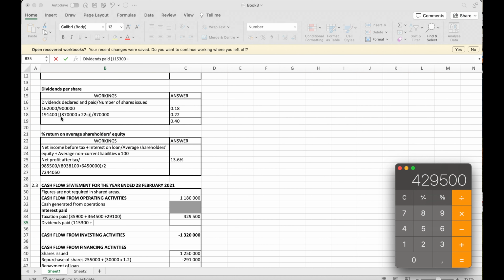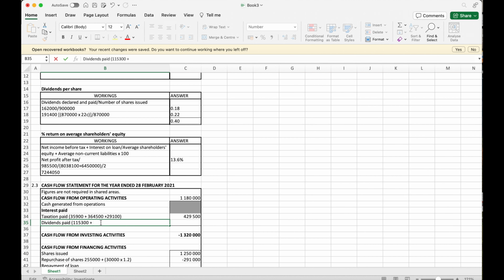For the year, the interim dividend was 162,000. And final, plus 191,400. Some of the amounts are just given. 162,000 plus 191,400, and you get 353,400.